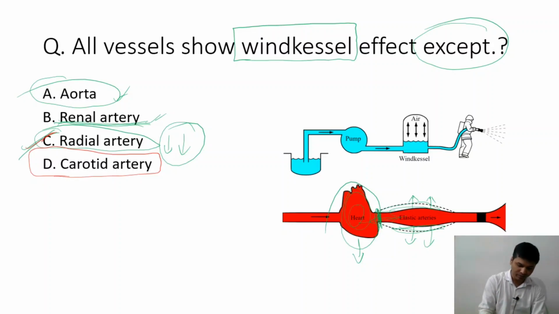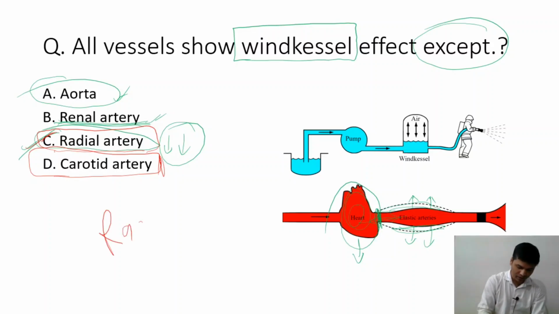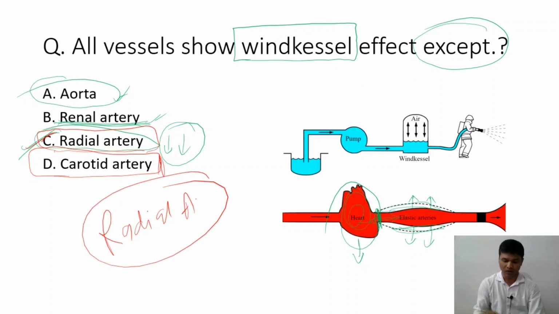These are the main arteries. So the answer will be the radial artery. The radial artery has less elastic tissue, and because of that it shows less Windkessel effect. Okay, all except.